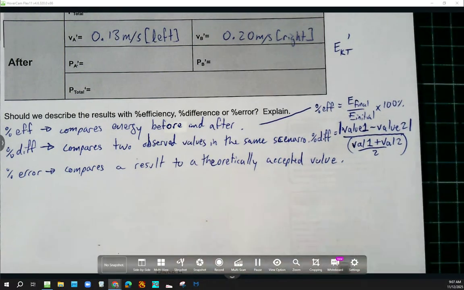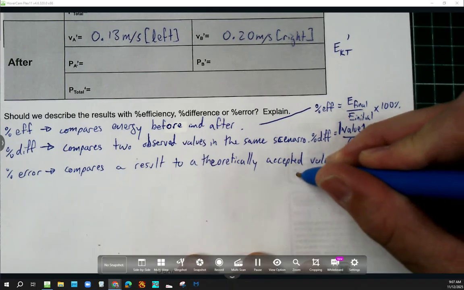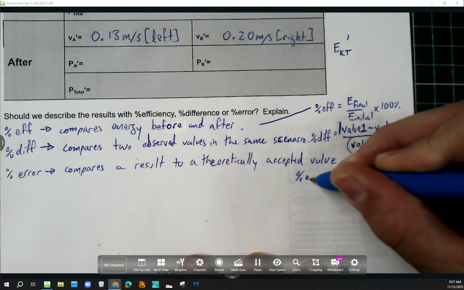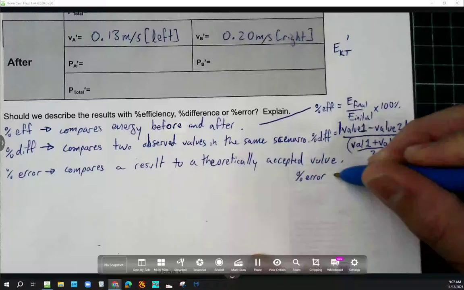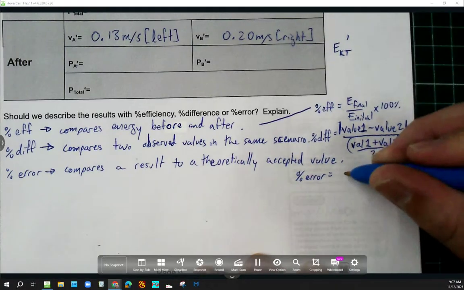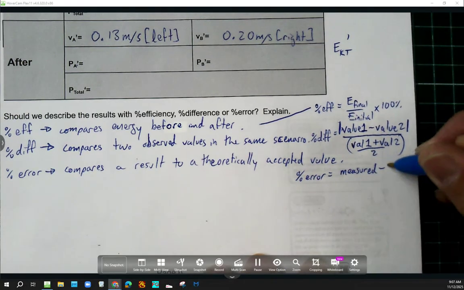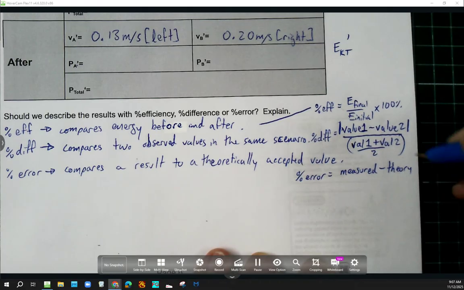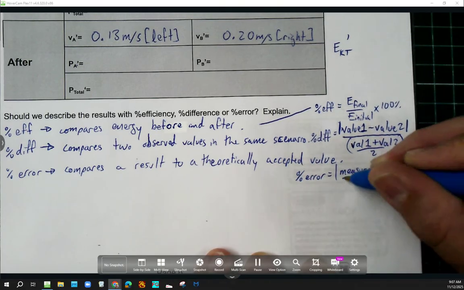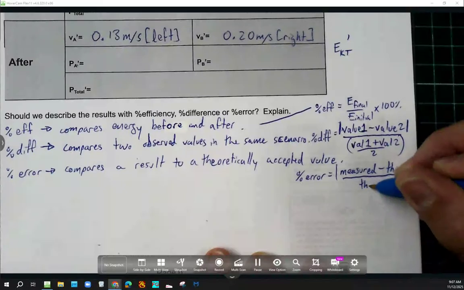And then percent error is the measured value minus the theoretical value, absolute value of that, divided by the theoretical value.